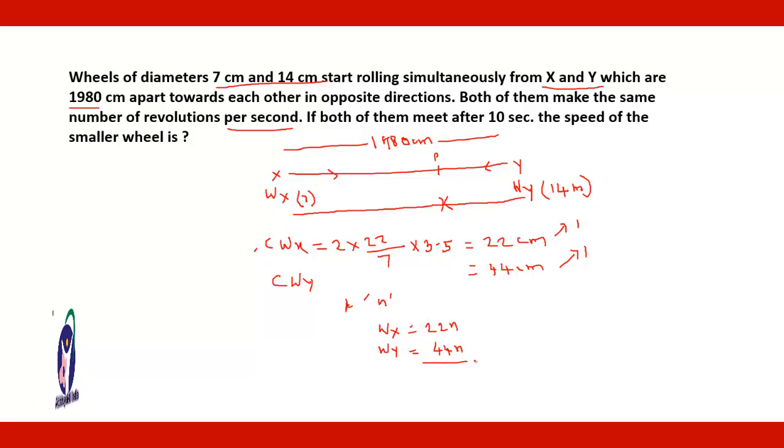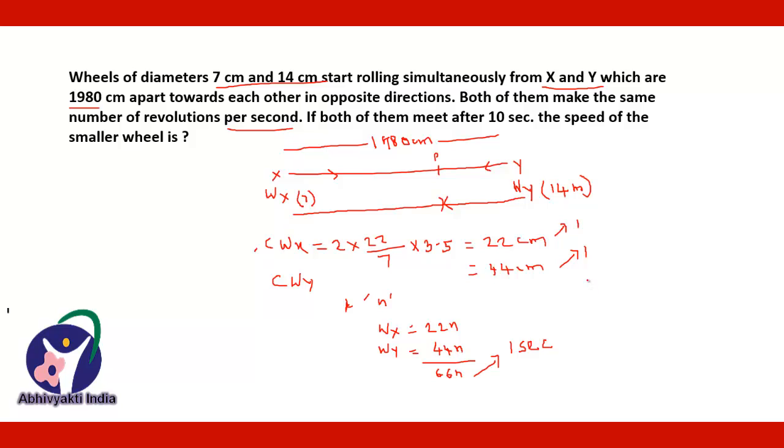So in 1 second both the wheels travel a distance of 66N. Correct? This is the distance covered in 1 second.